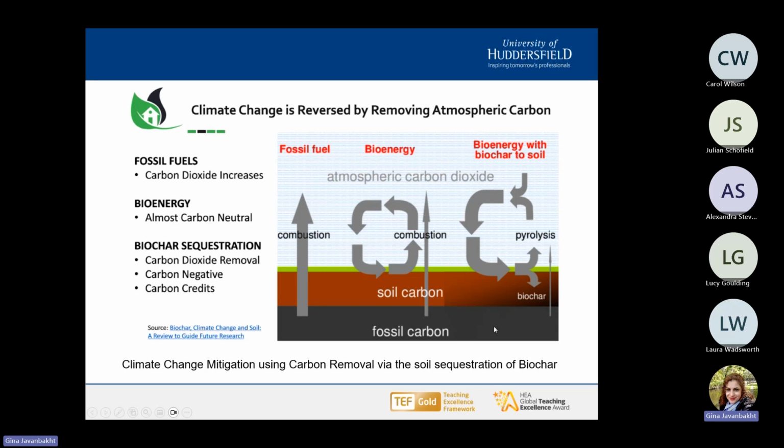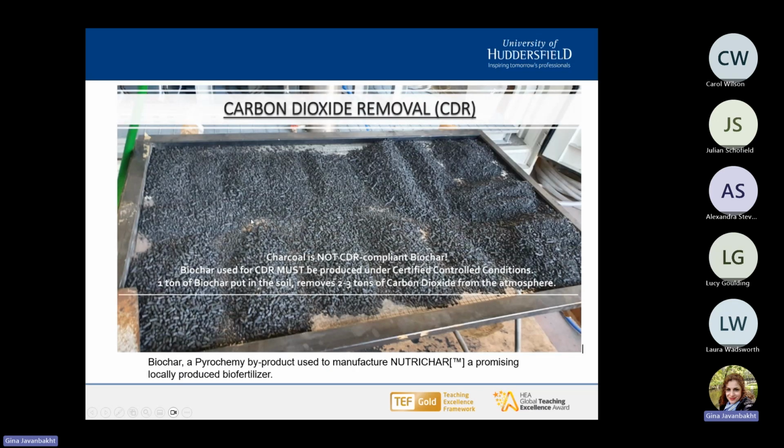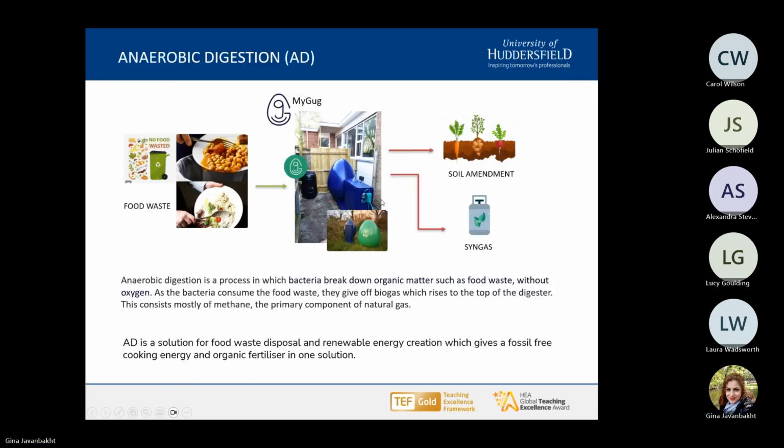So it's capturing CO2. This is an image of biochar that has been taken a year ago. This can be placed in gardens and in rivers and waterbeds. And as I said, it's a really good fertilizer and it's also removing carbon dioxide.